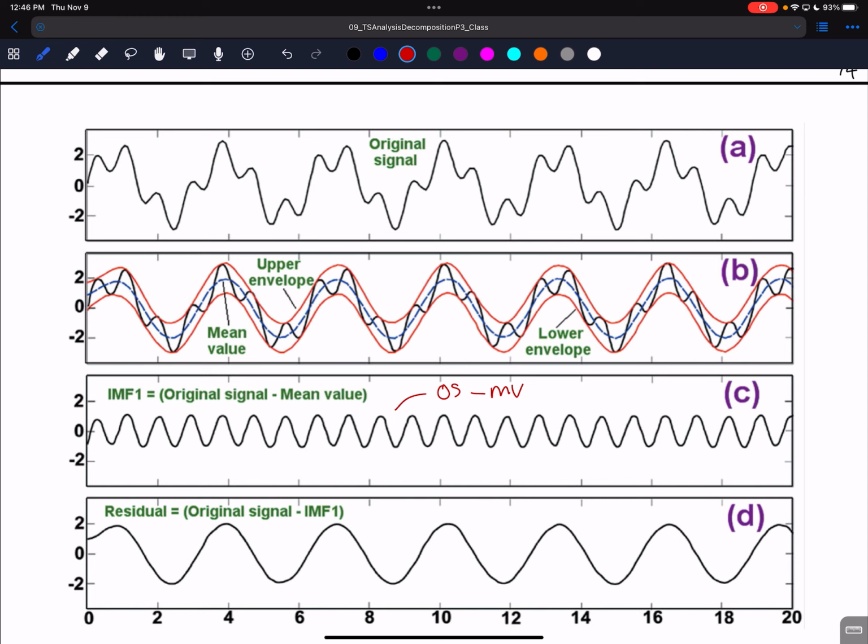And so therefore you can see that this first IMF has a higher frequency than the residual component below there. Residual is just the original signal minus that IMF, and in this case, looks like it captures the low frequency response.